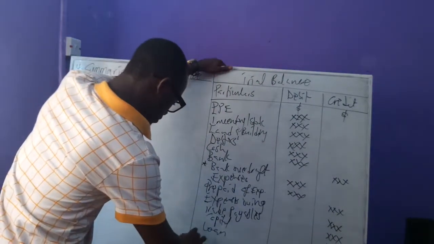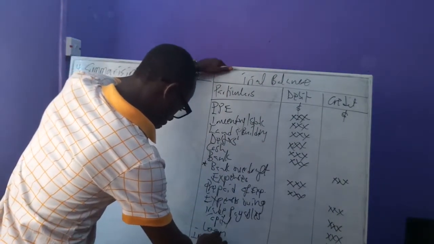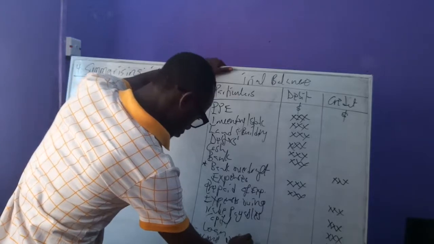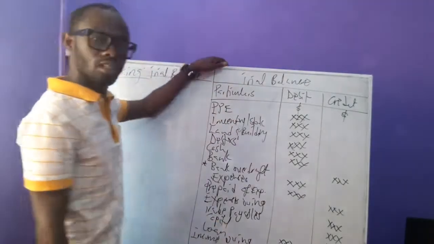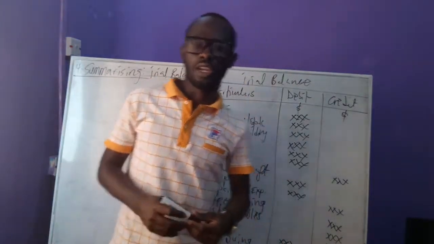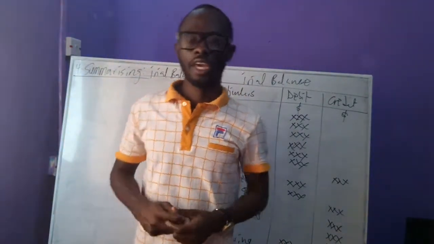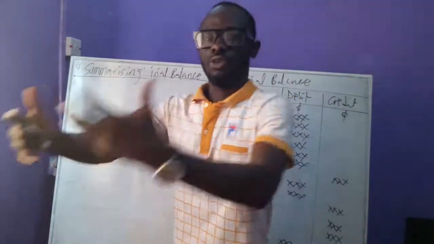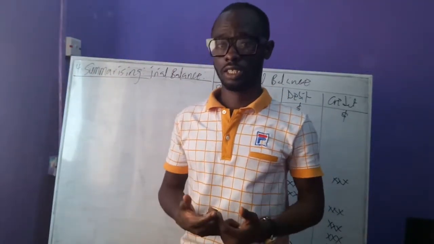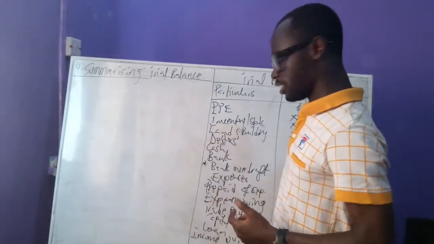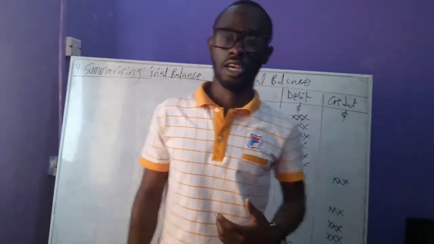Income owing keeps debit balance. What is income owing? Income owing is income you are supposed to receive by the year end, but you've not received it yet. It's an asset and it keeps a debit balance.